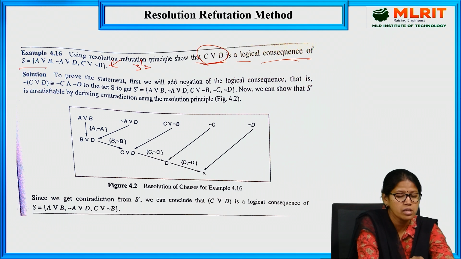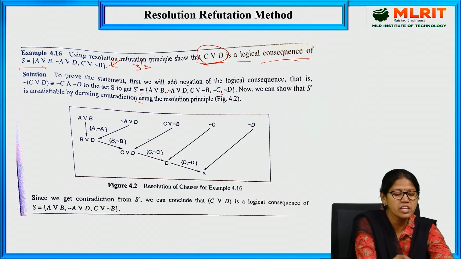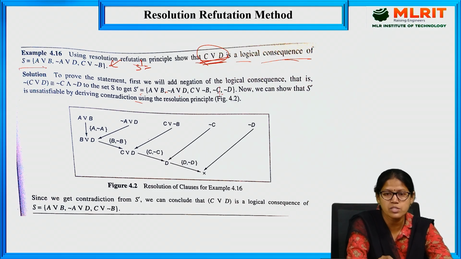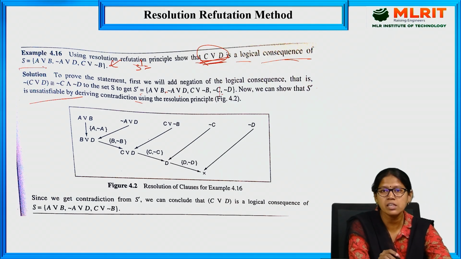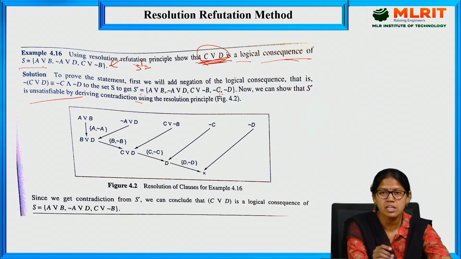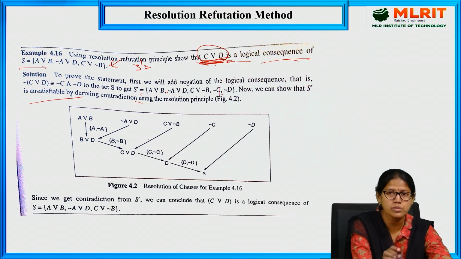So S dash is S with the negation of the logical consequence: A or B, negation A or D, C or negation B. And at last we add the logical consequence negation: negation C and negation D. Now if we show that S dash is unsatisfiable, then we can say that C or D is a logical consequence of S. When we prove that the negation is contradictory to S dash, then the positive logical consequence is a logical consequence of the set S.